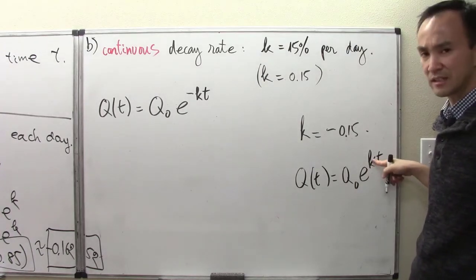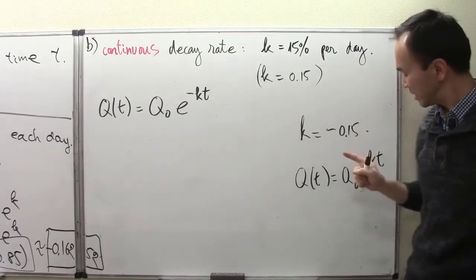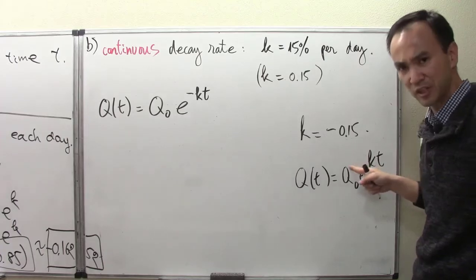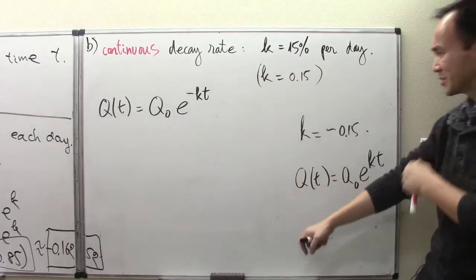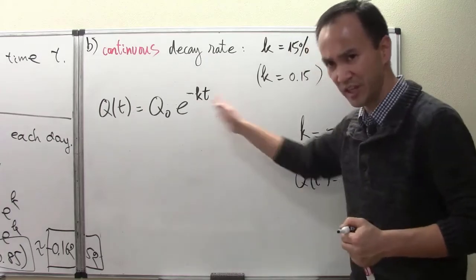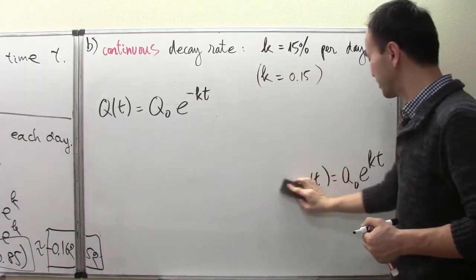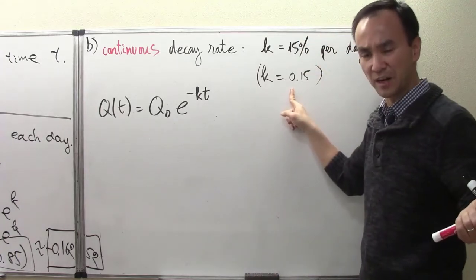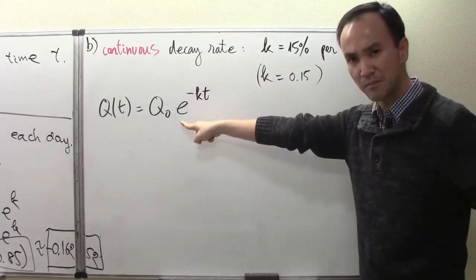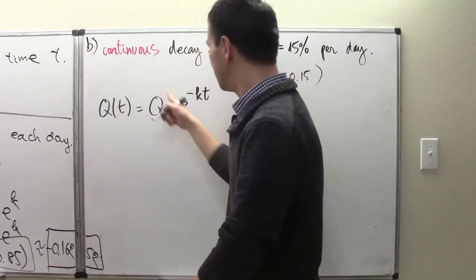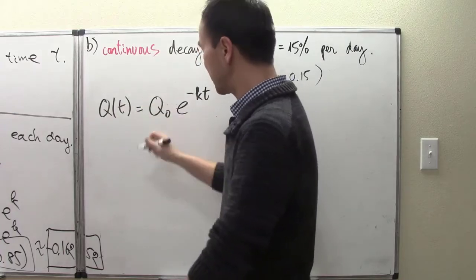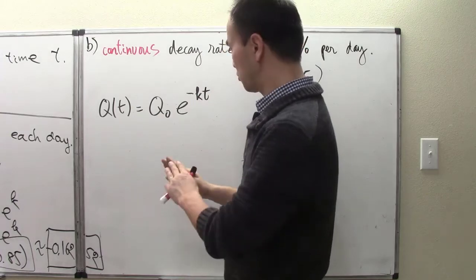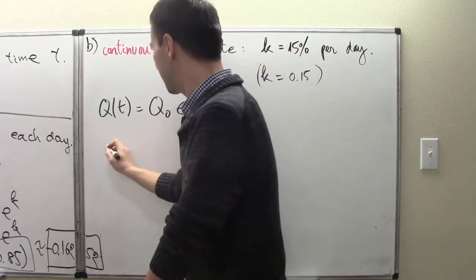The point is that the coefficient of k in the base e exponential always has to be negative because it's decay. So two slightly different situations, but you can make your choice on that. I'm not particularly against either choice. Here I wrote k equals 0.15 as a positive number, so in my continuous decay model I have to write Q sub 0 times e to the minus kt. All right, and once we've got that cleared out, then it's quite ready for us.